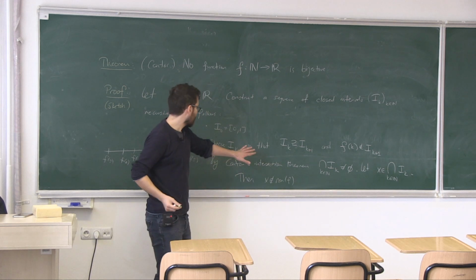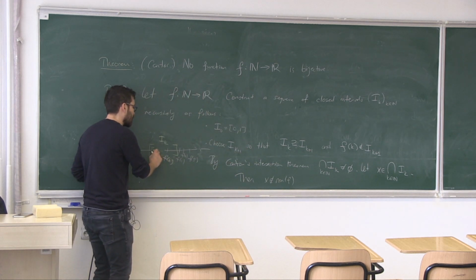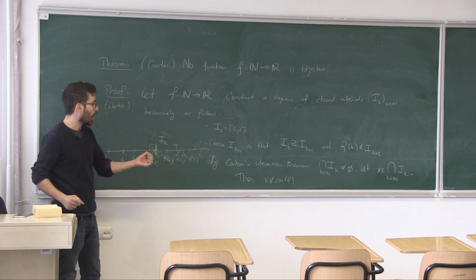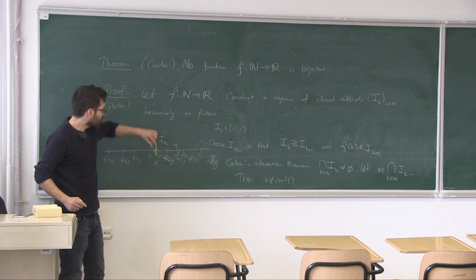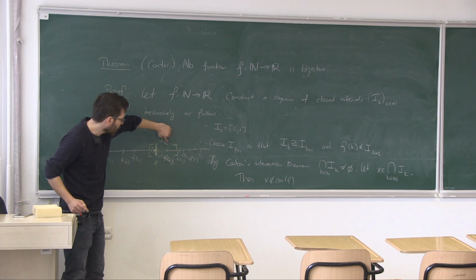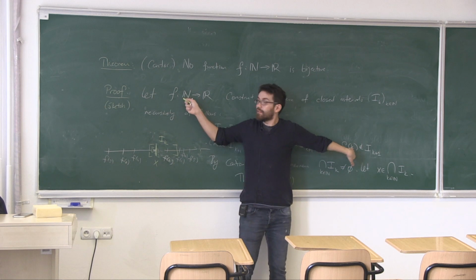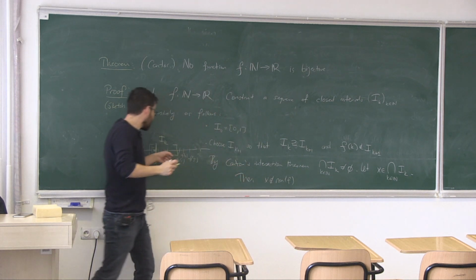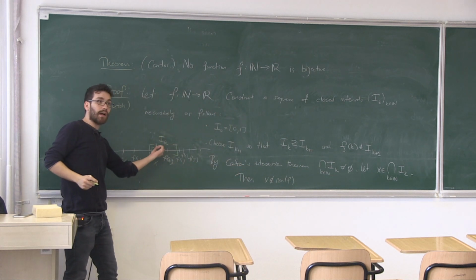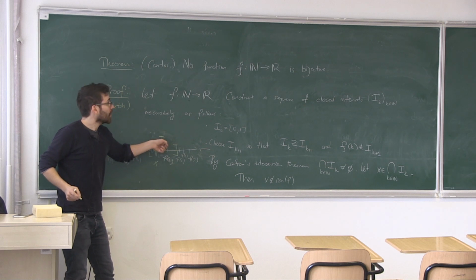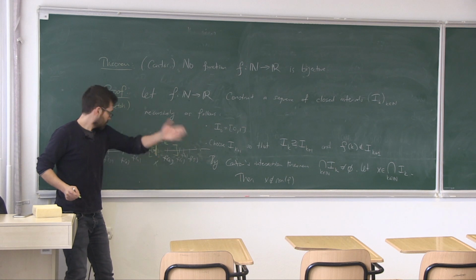Now pretend for a second that the intersection of all these closed intervals is non-empty. Let's say that there is some x which belongs to all these closed intervals. I claim that this is not in the range. Why? Because the kth closed interval avoids the kth number here, and this x is in all of these i_k's.